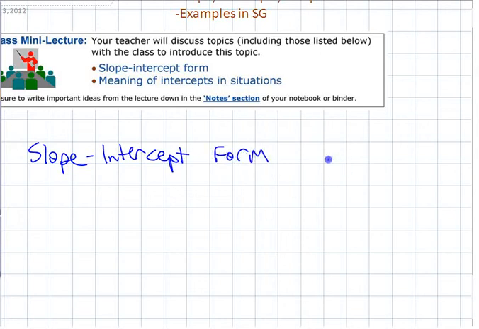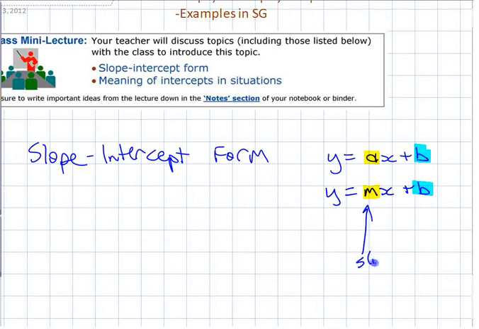Slope-intercept form is y equals, I would say it's ax plus b, where a is the slope and b is the y-intercept. They use those letters. Sometimes you might see people write it as mx plus b. I have no idea why they use m for the slope sometimes. Doesn't matter. If it's some number times x plus some other number, that's the slope, and that's the y-intercept. Okay, slope-intercept form.